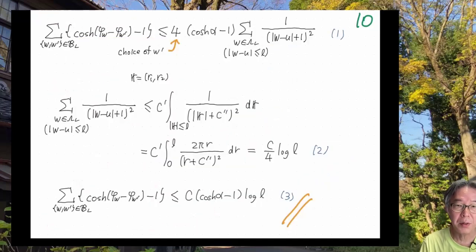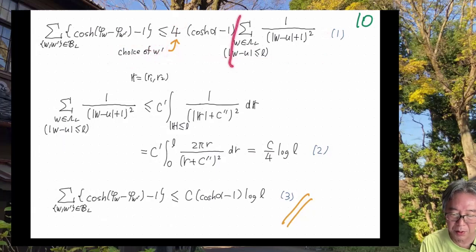Then we have shown that this sum is upper bounded by the sum of this thing. This is a sum over bonds, and I want to sum over sites, so I just put an extra factor 4 here. Usually this 2 is enough, but considering the worst case, I just multiplied everything by 4 for the choice of W prime. So this is not optimal, but this is a rigorous upper bound.